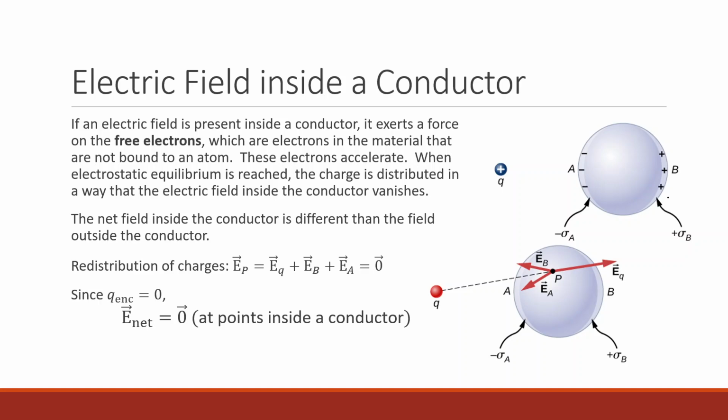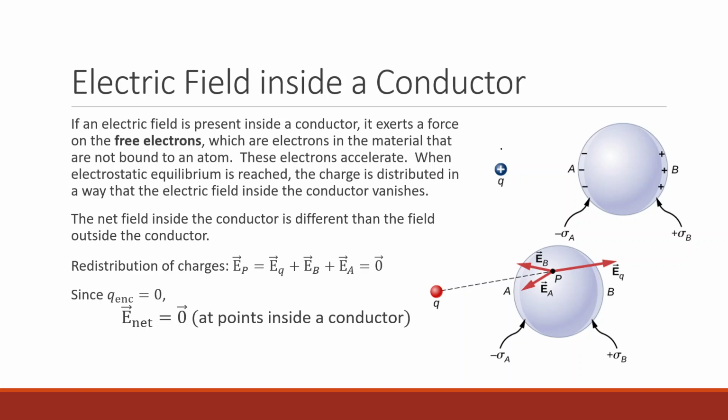Okay, so in this case, the electric field inside the conductor will vanish. So the net field inside the conductor is different than the field outside the conductor or on the surface of the conductor.